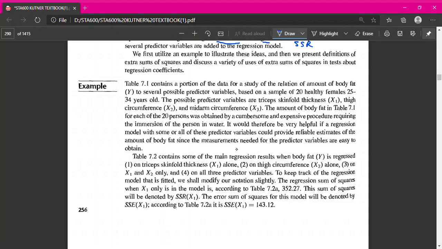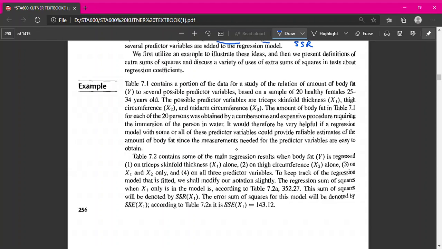Okay, we have 20 healthy females aged 25 until 34 years old. So we have sample size 20 and with one dependent variable, which is body fat, and we have 3 independent variables, X1, X2, and X3.